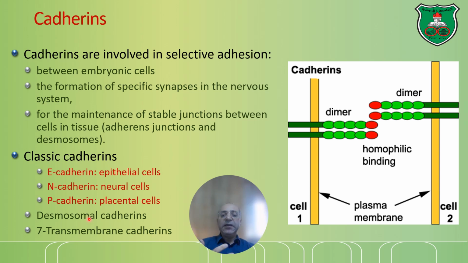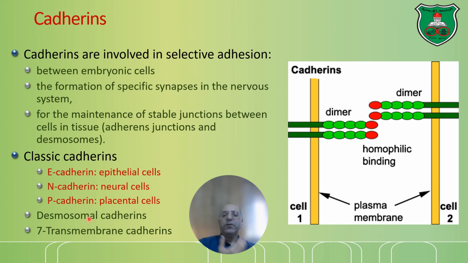So E-cadherins prevent cells from moving. When they interact with each other, they stabilize cells to remain in their places. They do not move. Once they lose this interaction, then they become mesenchymal and they can move.